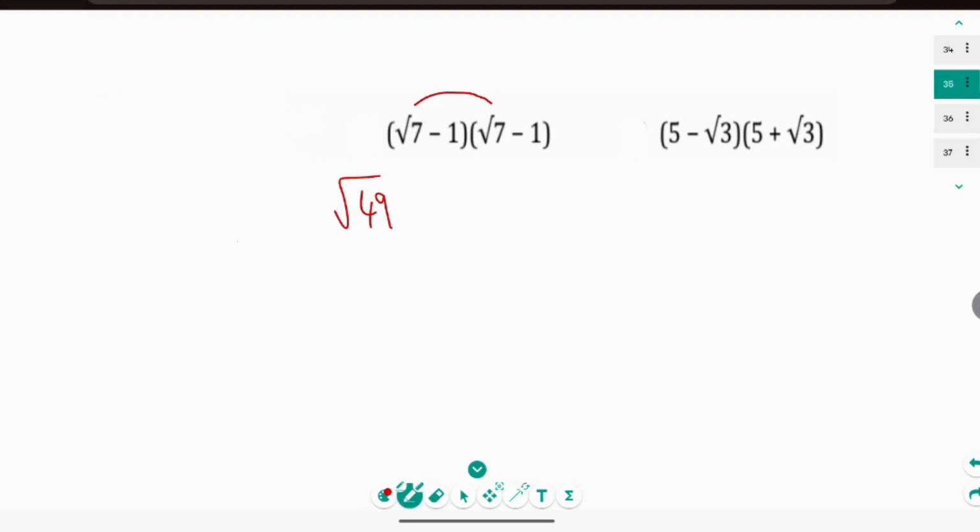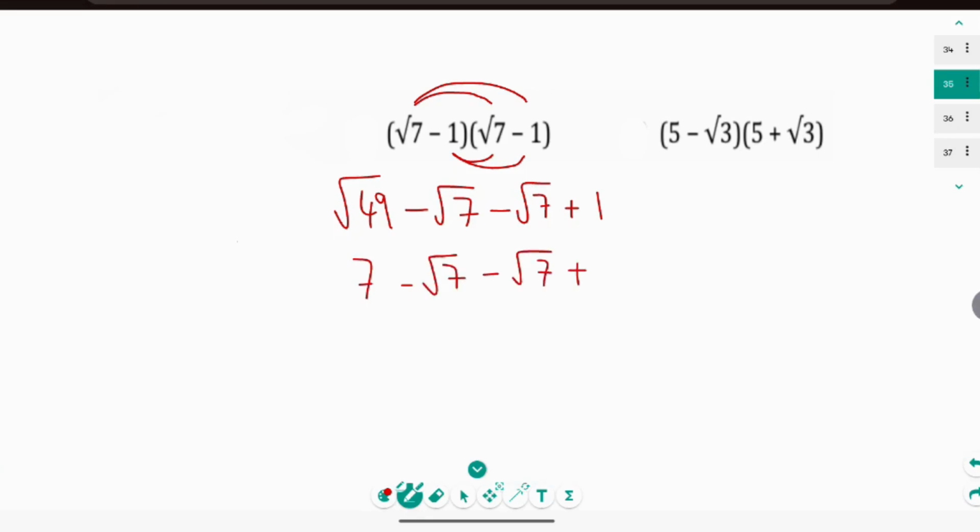Root 7 times negative 1 is just negative 1 root 7 or negative root 7. Negative 1 times root 7, negative root 7. Negative 1 times negative 1, positive 1. Square root of 49 is 7. Let's simplify. 7 add 1 is 8. Minus 1 root 7 minus another root 7 is minus 2 root 7.